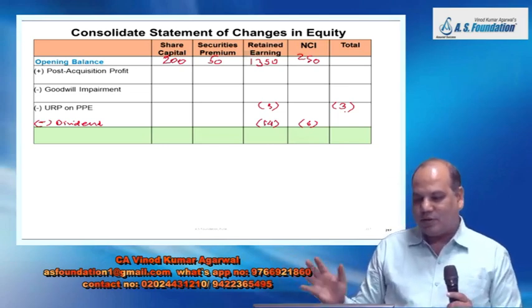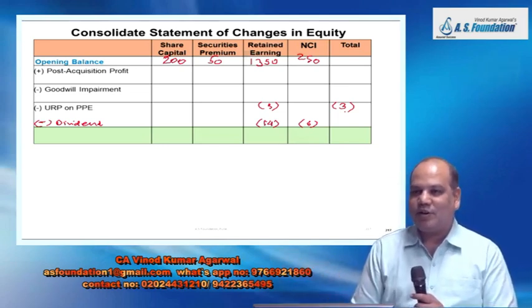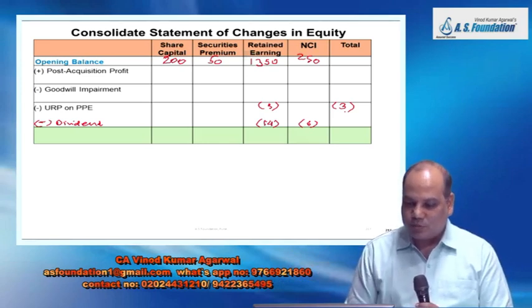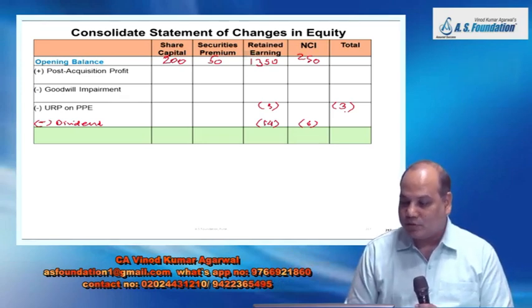We will see last that whether all figures have been considered or not in our calculation. So unrealized profit on PP, yes, you're right. You write there also from retained earning 3.